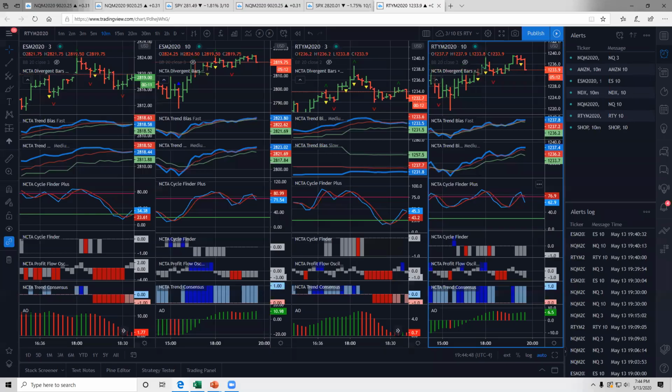So if you want to know and only be alerted when a valid divergent bar prints, then you want to put the alert setting to once per bar close.